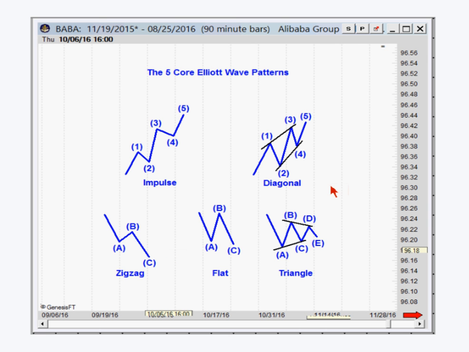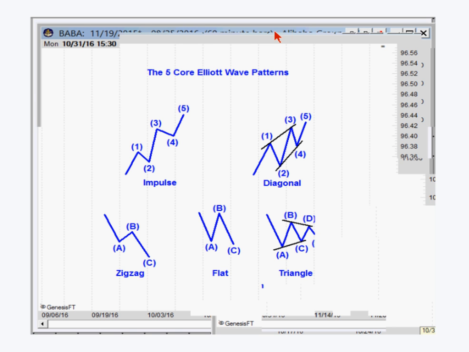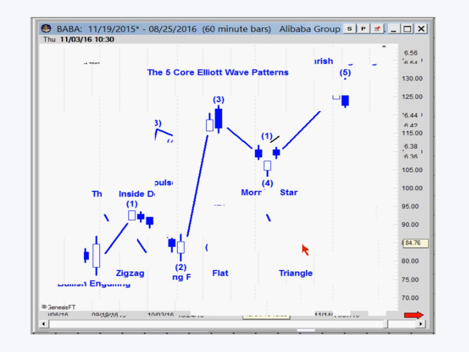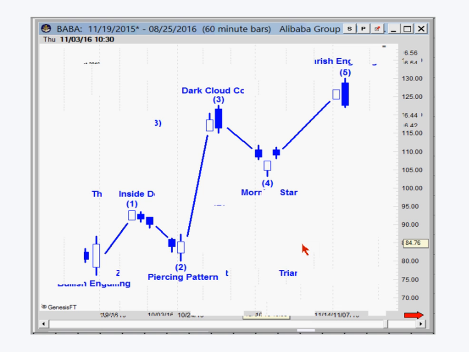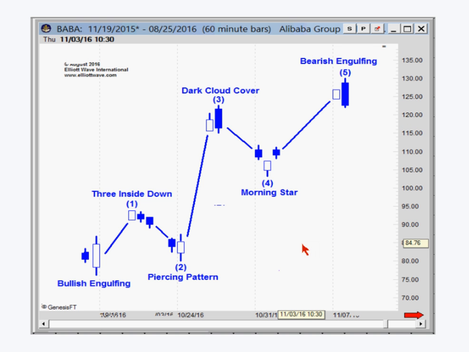Now, here's essentially the money shot for the night. This is how I utilize Japanese candlestick analysis in conjunction with the Elliott wave principle. And I truly don't believe that they are two competing disciplines.